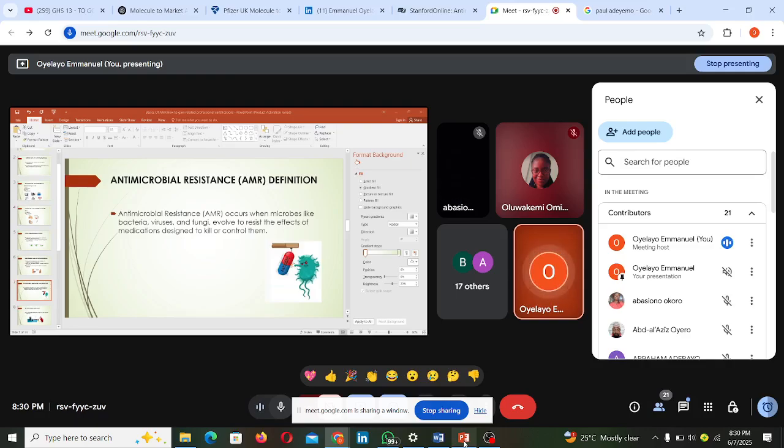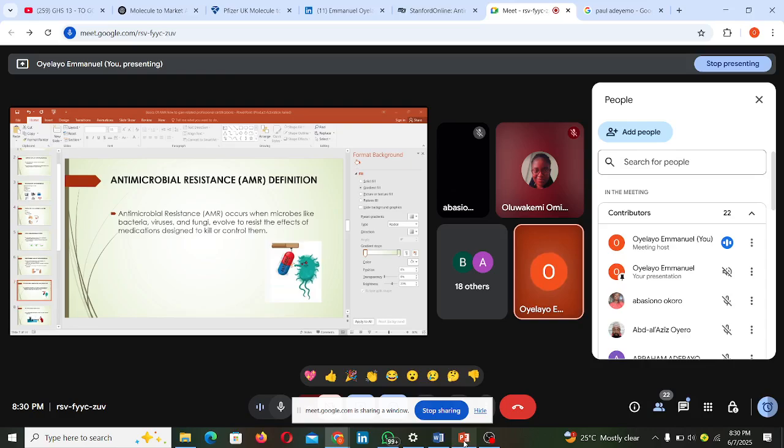So we want our members to know exactly what antimicrobial resistance is so that when they get to the market, they can easily relate it to the market women, or when they get to the hospital, they can easily relate this topic to the nursing mothers or the patients there.